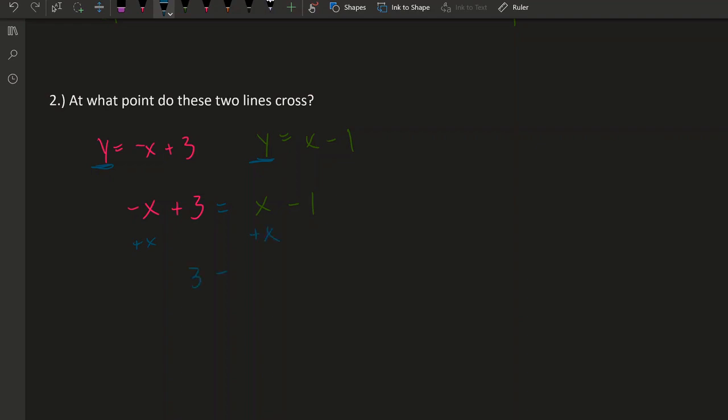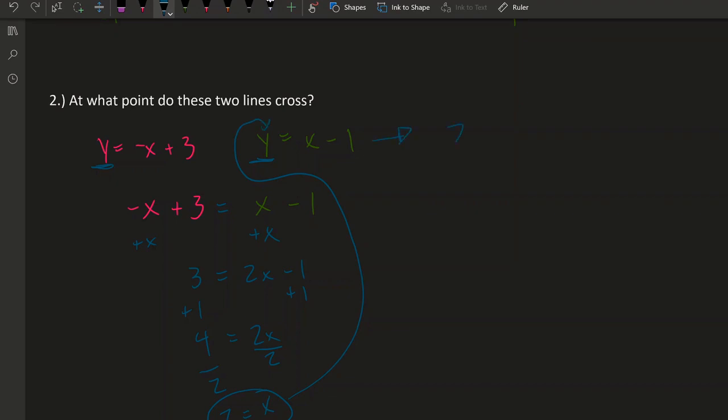So we would get 3 is equal to 2x minus 1. We'll add 1 to both sides. 4 is equal to 2x, and then we'll divide by 2. X is equal to 2. Now, in order for it to be a point, we need to have both an x and a y. So I'm going to take this 2 and plug it back into one of these.